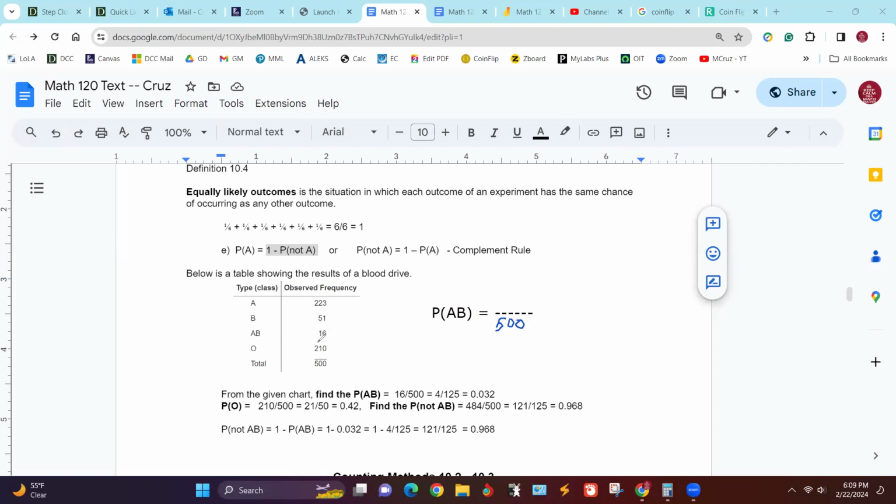And how many is AB? It's 16. Now, if we divide both of these by 4, then that's the simplified fraction.